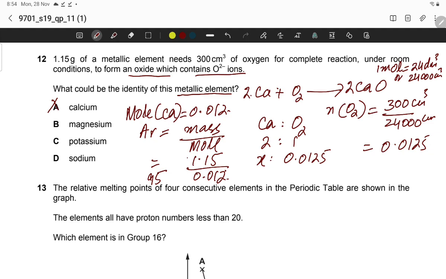Now let's calculate magnesium oxide. So the same reaction, write magnesium over here and magnesium over here.